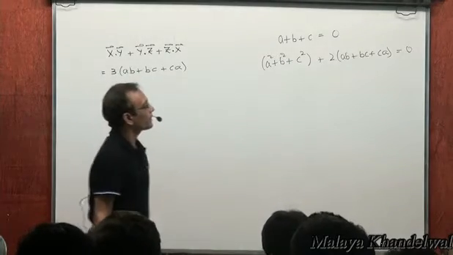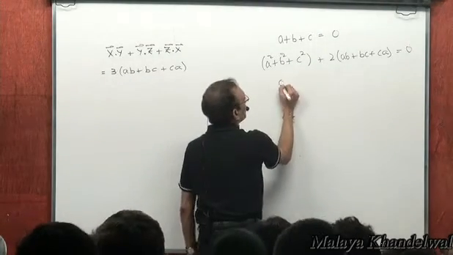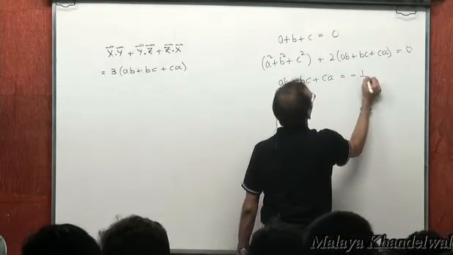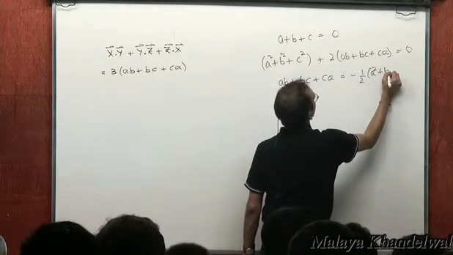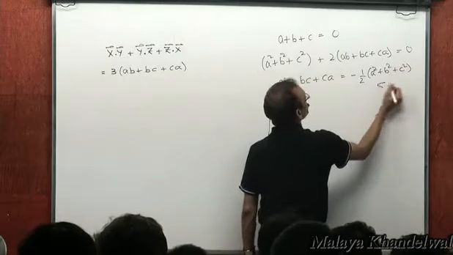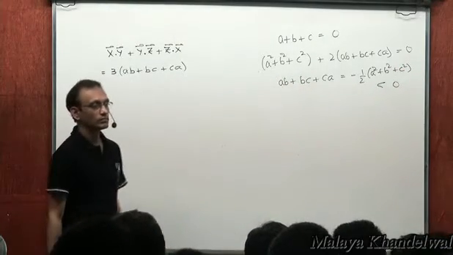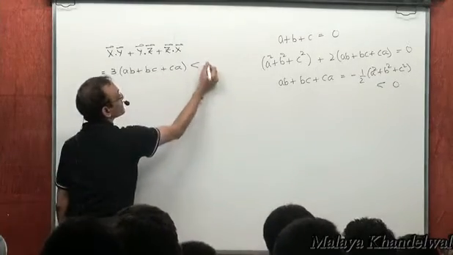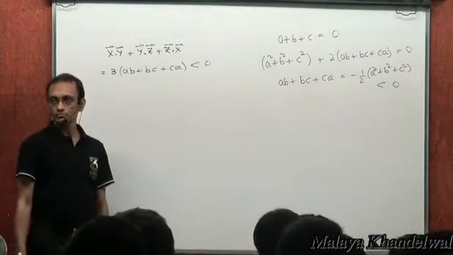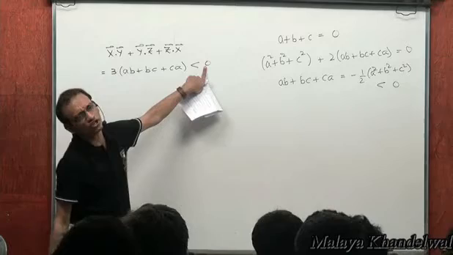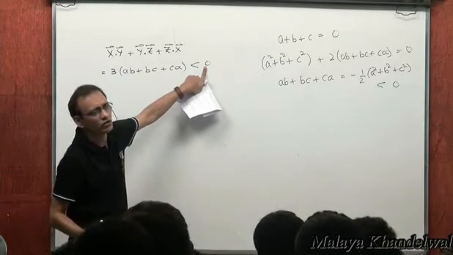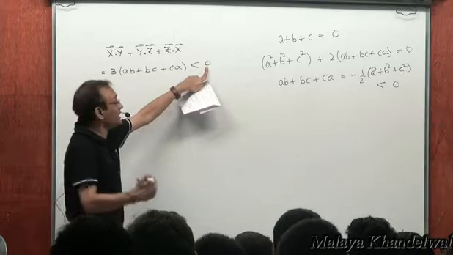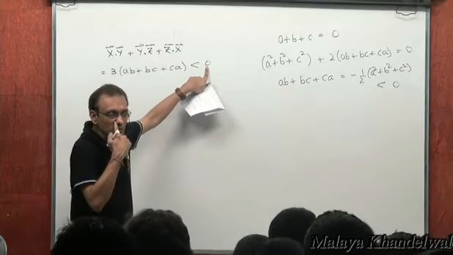That means ab plus bc plus ca is minus half a squared plus b squared plus c squared, which is always less than 0, because a, b, c are real numbers. Therefore, this will also be always less than 0. It could be brought as close to 0 as you like, but less than 0 always. So, theoretically, the maximum value of this will be 0.